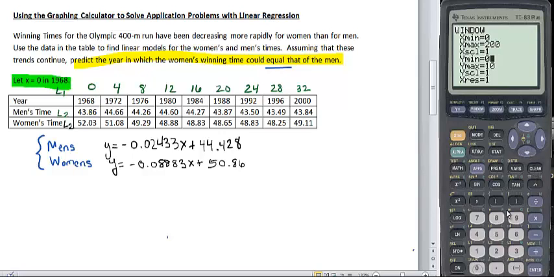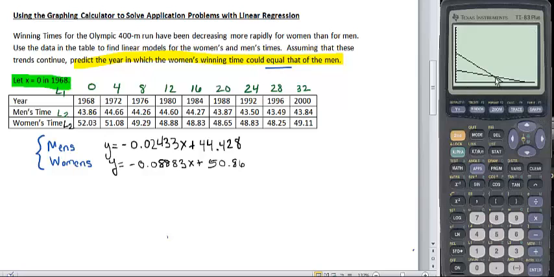I have no negative times, and actually, I'm even going to shrink my window. My smallest time doesn't seem to be anything lower than the 40s, and my highest time doesn't seem to be anything close to 60. So I'm going to make that my min and my max, and let's take a look at what my graph looks like.